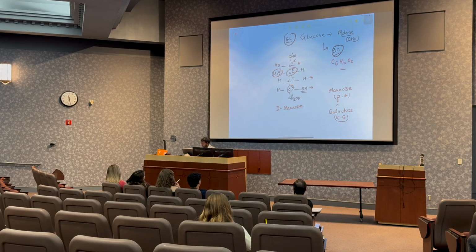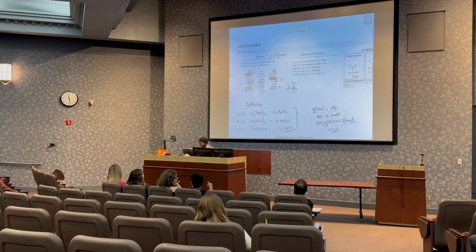So I'll remove OH and put an OH over here, and that's it. But you have forgotten to change the 2 carbon, right? It should be at the same position, which is OH over here and H over here, and this is now not mannose but galactose, right?